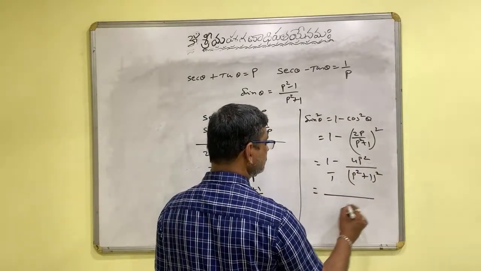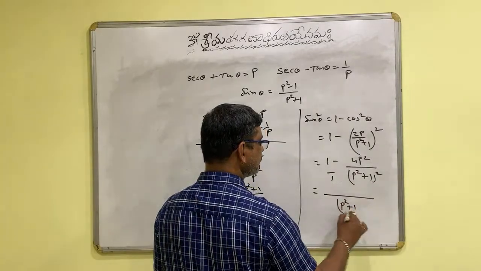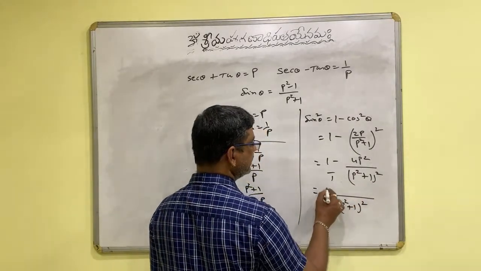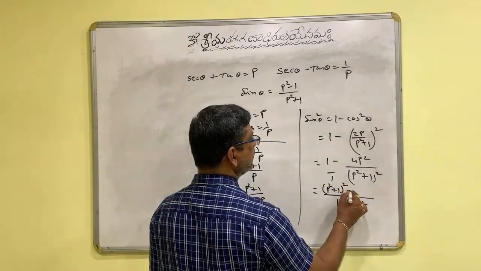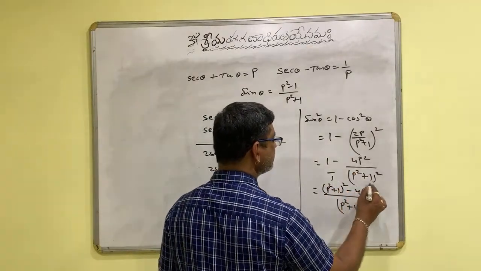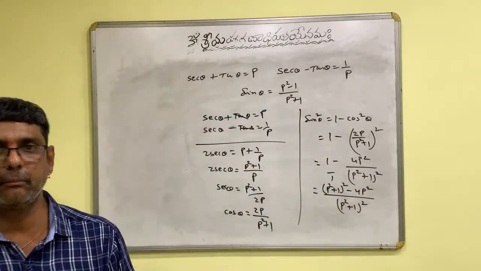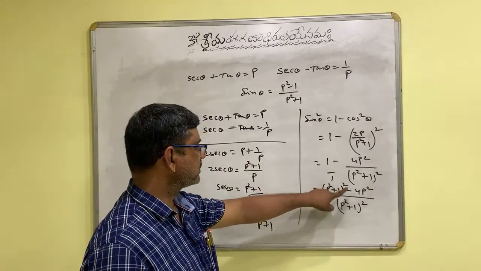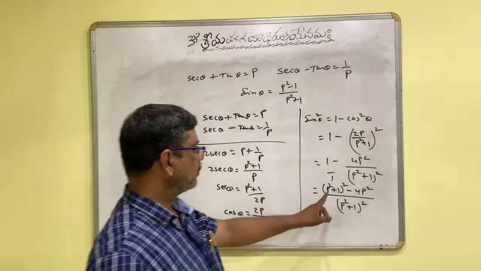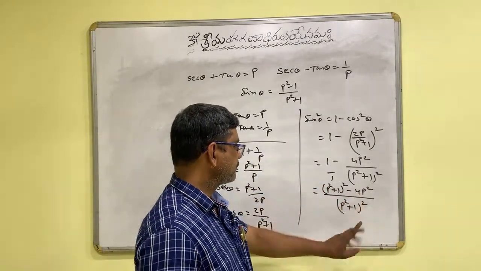Take LCM, P square plus 1 whole square, and here also you will get P square plus 1 whole square minus 4P square. Sin square theta is P square plus 1 whole square minus 4P square by P square plus 1 whole square.